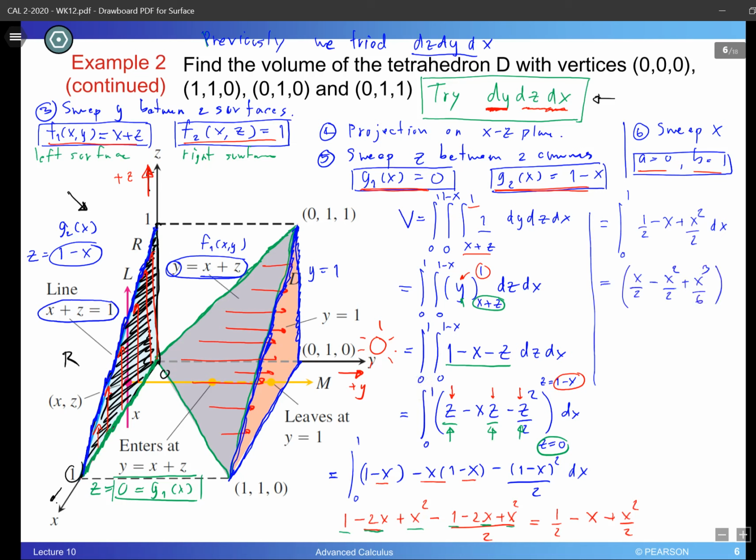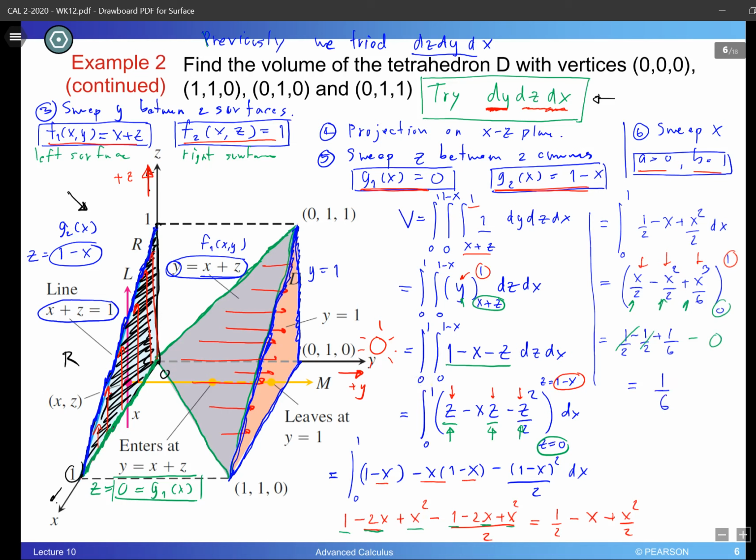Evaluate this at two values of x, 0 and 1. We have 1 goes in here, here, here. And we have 1 over 2, minus 1 over 2, plus 1 over 6, and 0 goes in. As you can see, everything goes to 0, minus 0. So this cancels, 1 over 2 minus 1 over 2.